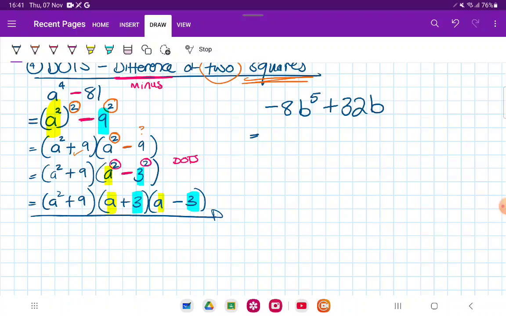I suggest that you start with the change sign rule, because normally when we do DOTS, we want to put it in the center, right? So I would want to do that first. So I take out the minus sign, which means that what's left inside is positive 8b to the power 5 minus 32b.